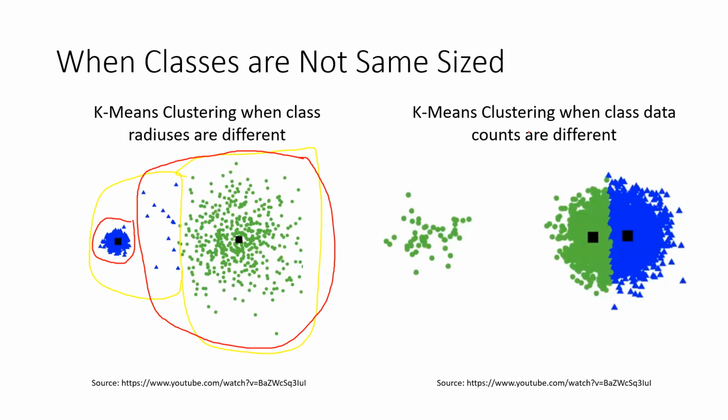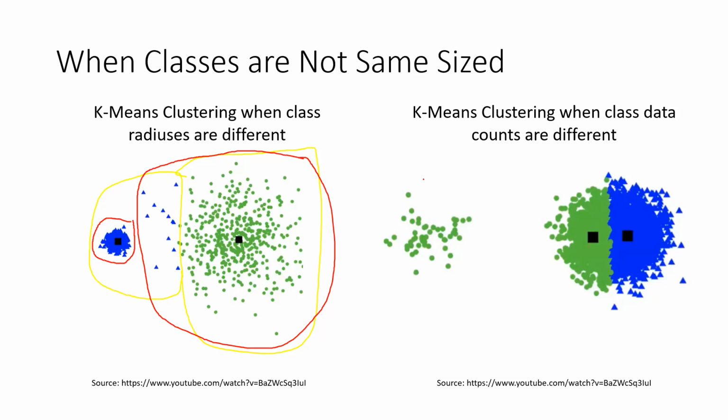And the data counts should also be similar, because if one cluster has fewer data points and another cluster has a lot of data points, the centroids would be moved to a different location so that the data points are almost equally distributed among these two clusters.